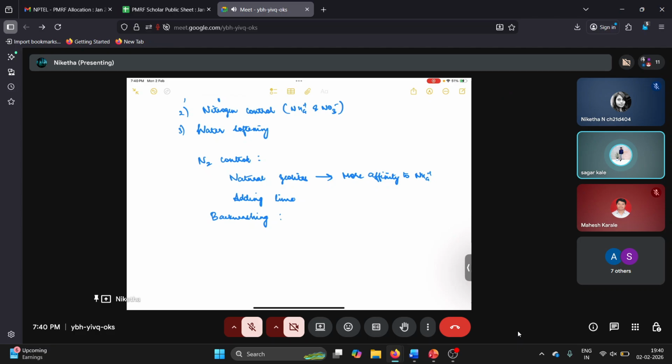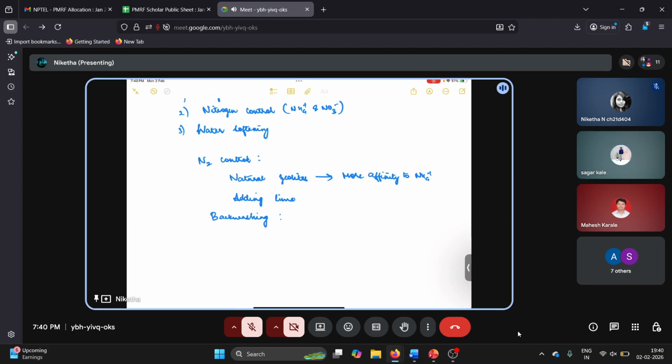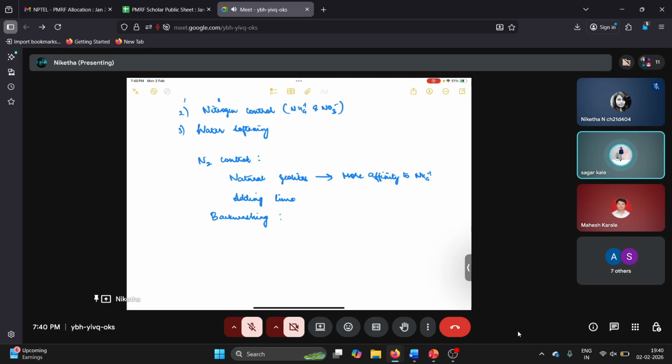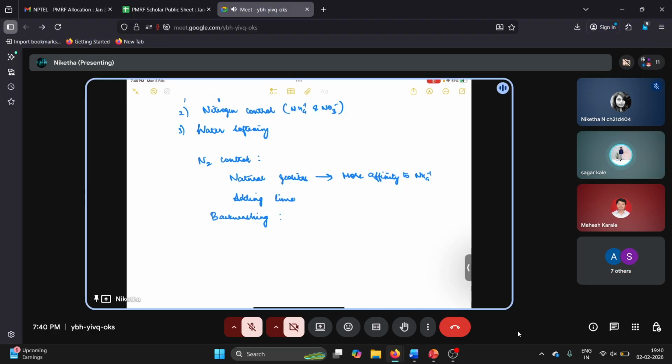But how does it happen? How is the flow given? If flow is given from upward to downward, then backwash is given from downward to upward, in the opposite direction. So if there are any impurities or dirt which is blocking the pores, they can get rinsed off.